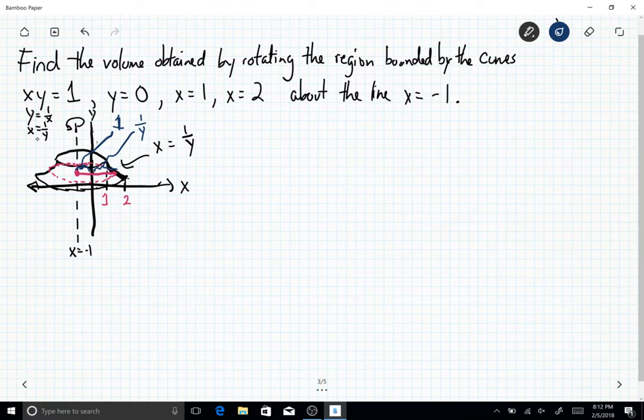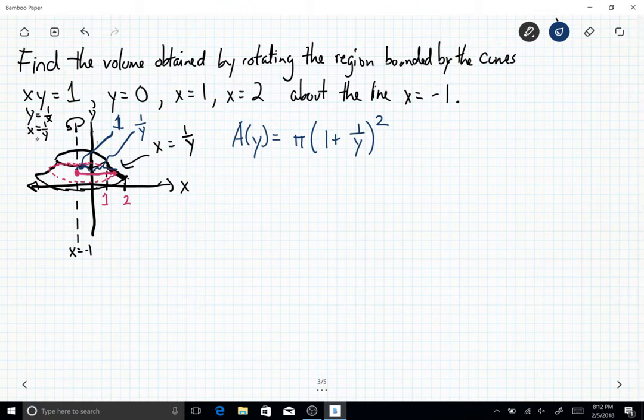If we take these two things together and add them up, that's going to be our radius every single time. So first off, our A of y equation in this case will be pi times our radius, 1 plus 1 over y, and then we square that. Any questions on that thus far?